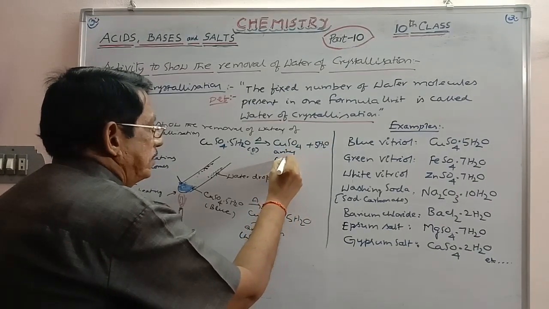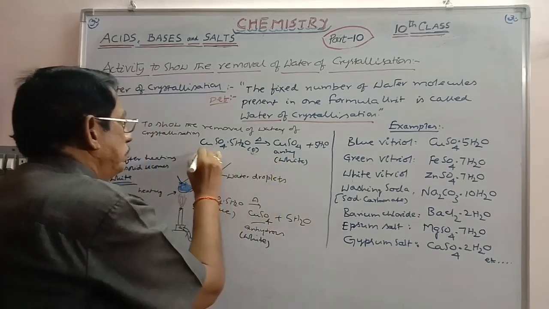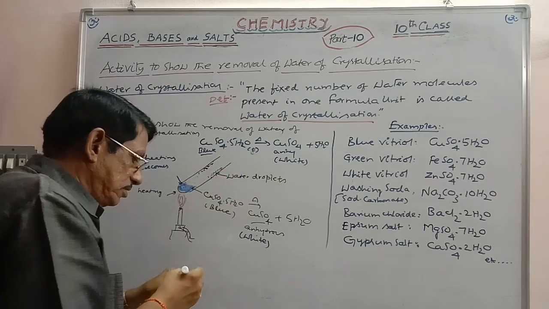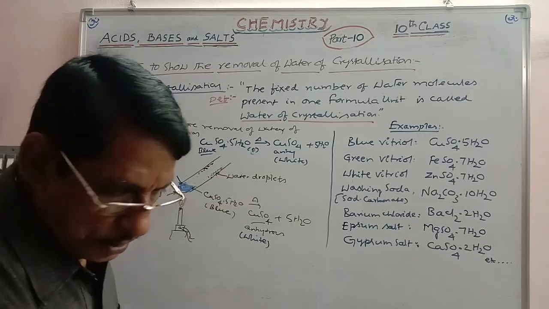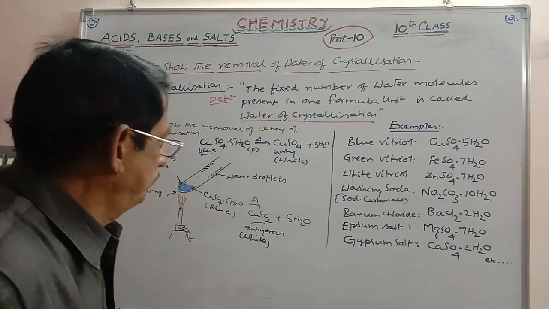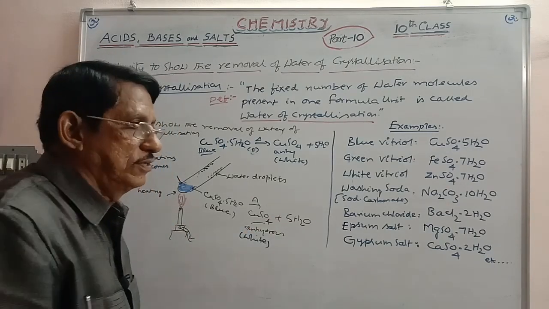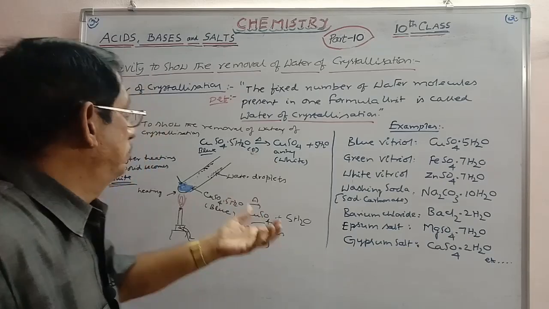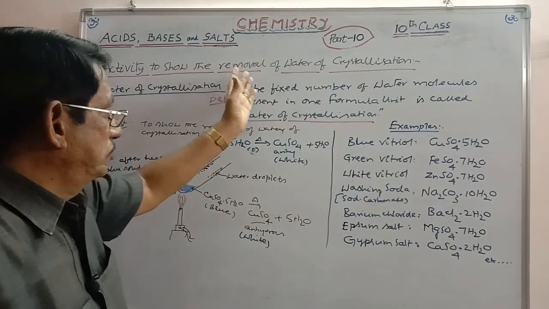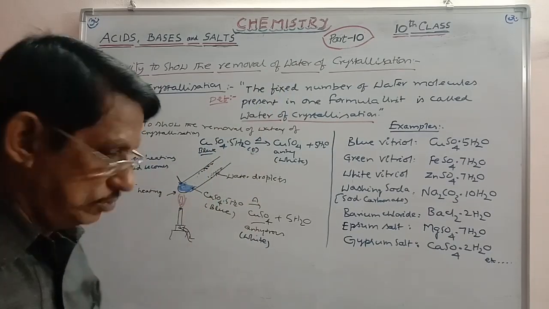This is white in color, this is blue in color. You can easily see the water droplets on the walls of the test tube, and at the bottom white residue remains. That is nothing but anhydrous copper sulfate. This is a simple experiment you can perform in the laboratory. So that is about examples of water of crystallization and an activity to show its removal like this. Okay?